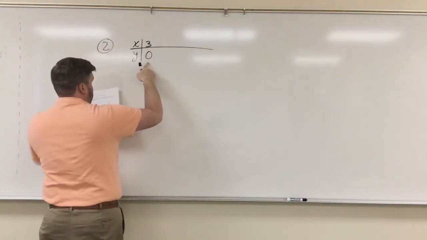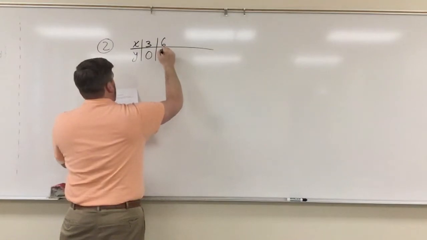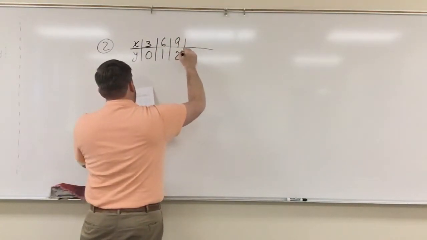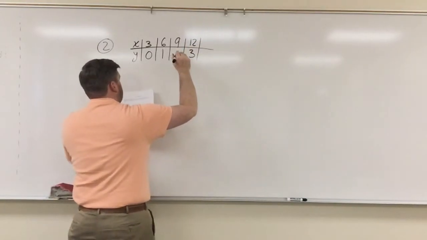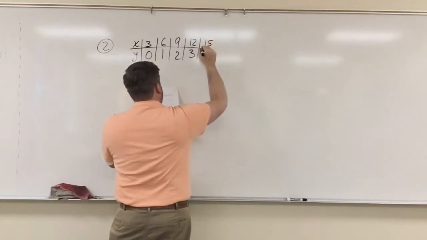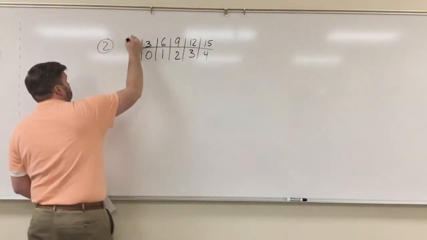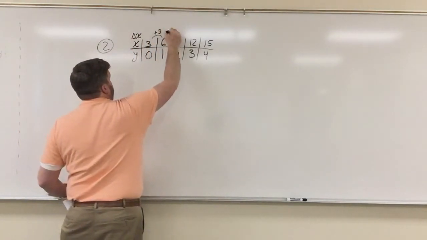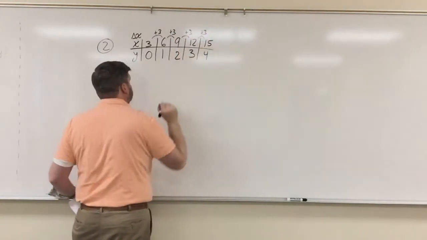That is not the shortcut. The shortcut is when x is 0. 6, 1, 9, 2, 12, 3, 15, 4. All right. Our change in x is +3, +3, +3, and +3.